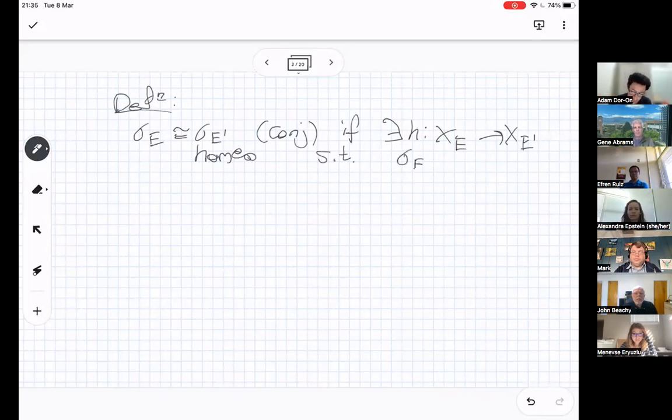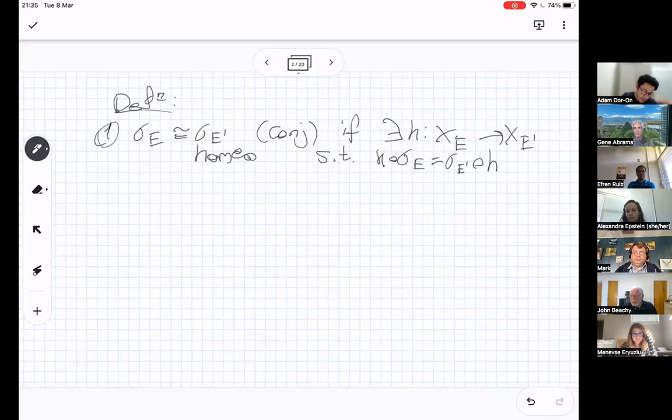So H composed with sigma E should be equal to sigma E prime composed with H. Okay, so this is the strictest kind of equivalence between any kind of group acting, let's say, on a topological compact Hausdorff space.